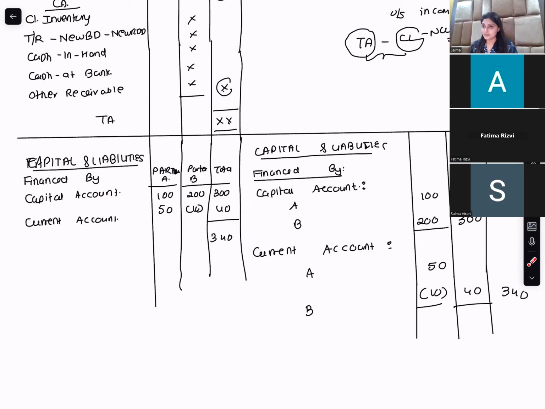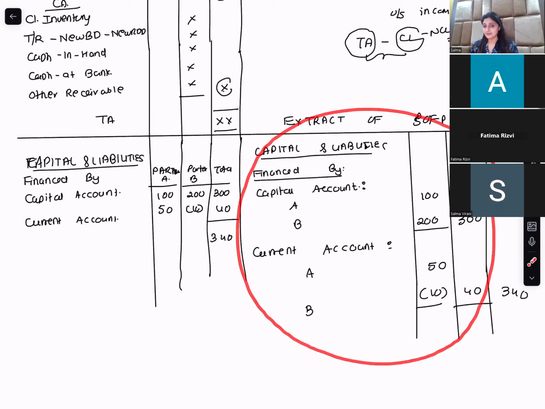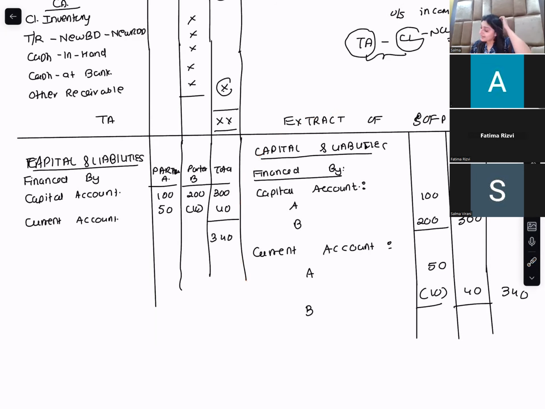This is the capital account section. Now understand one more thing. In a partnership question, if they ask you to make an extract of the balance sheet or the extract of the statement of financial position, they only want this part. So what they will ask you to do is make a profit and loss appropriation account, and they will play very smart.